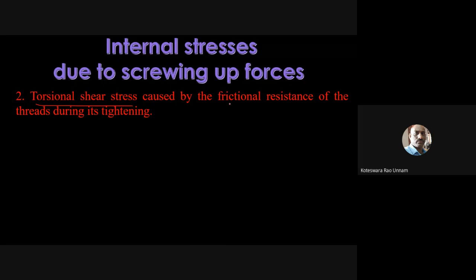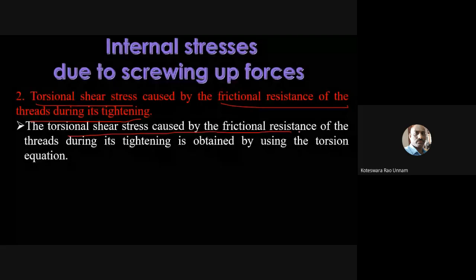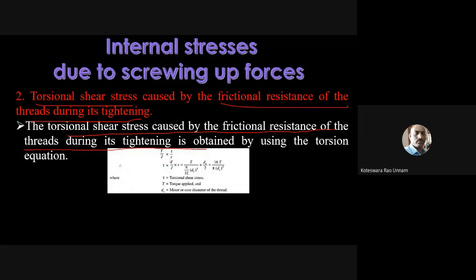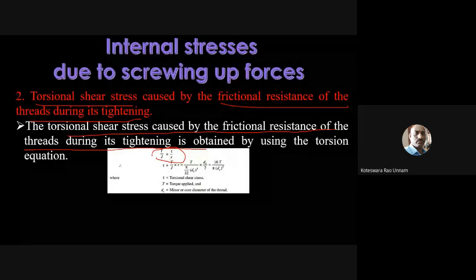Because of this frictional resistance of the threads during tightening, there is a torsional shear stress. It is obtained using our torsion equation, T by J is equal to tau by R. Using that relation, you can easily calculate the torsional shear stress.